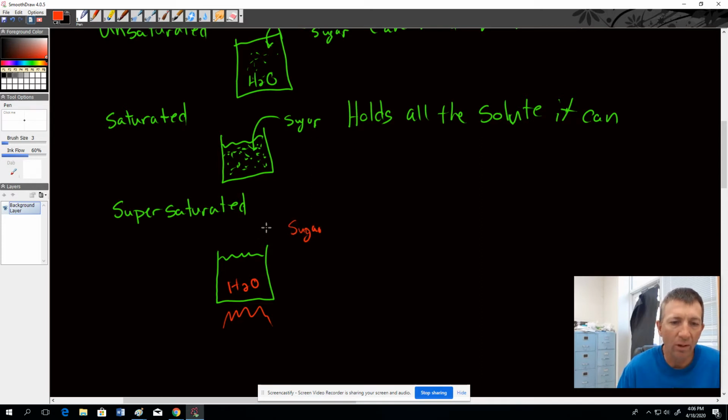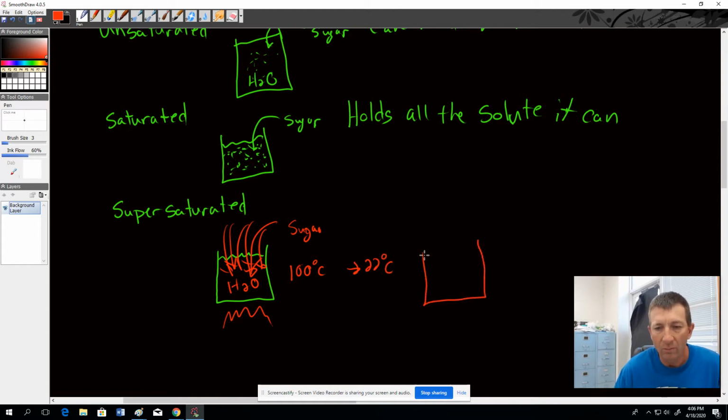And when you heat up water, you can put a lot of sugar in water. You can put actually about double or triple the amount of sugar in water. So I put all this water in here, and let's say I've got it boiling. It's at 100 degrees Celsius. It's boiling, and then I let it cool down. So now I let it cool down to room temperature, 22 degrees Celsius.